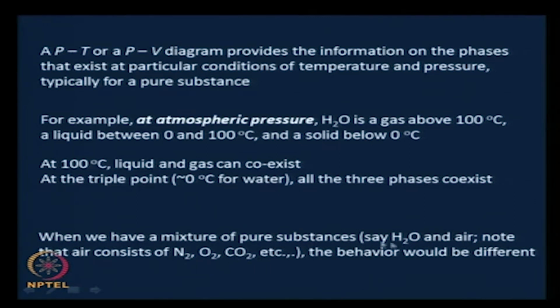Therefore, this mixture of water vapor and air contains all these plus water vapor. When we have such things, the behavior of course is going to be different. Therefore, we should not make the error of extending the phase diagram for a pure substance to that for mixtures. It happens without us realizing, and that is the reason why I am making the point here, especially in the case of water and air. Okay, please note this.